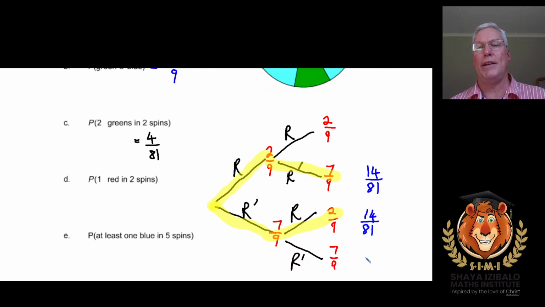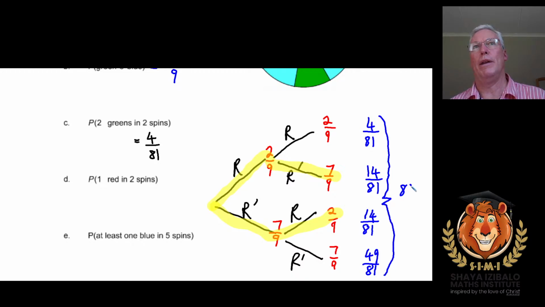This is 49 out of 81, and the top is 4 out of 81. If you add all of these together, behold, you get 81 out of 81. That's what we call exhaustive. Those are the only things that can happen, and that's why all the probabilities are included. They add to 1.